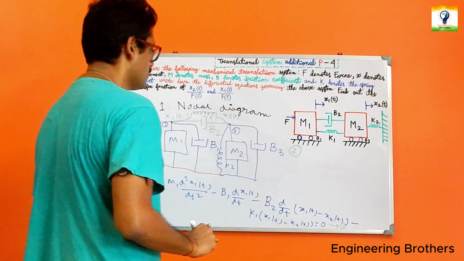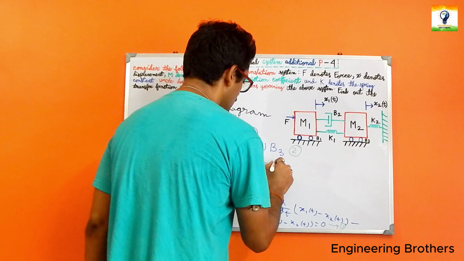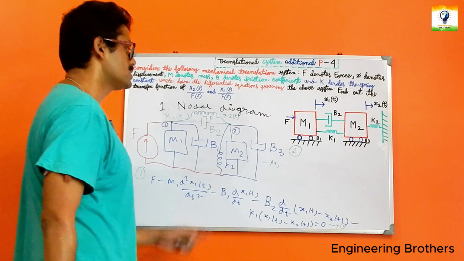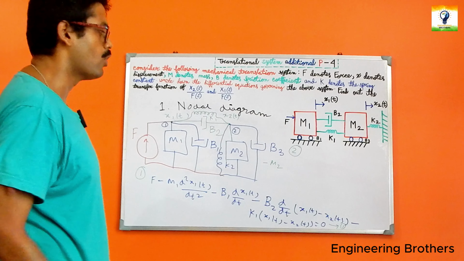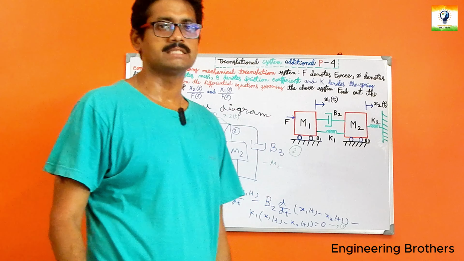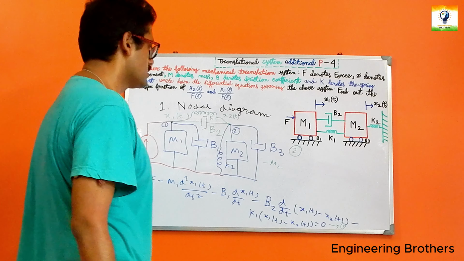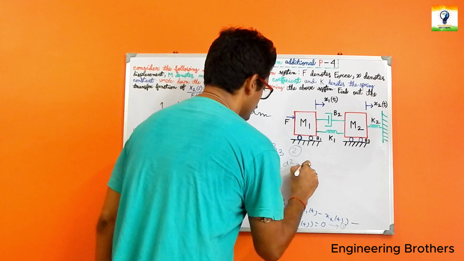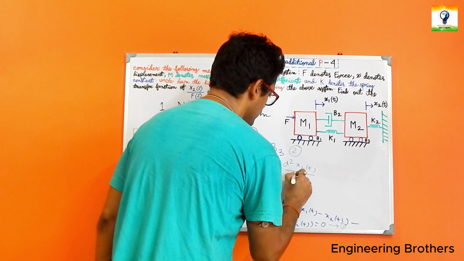First comes our mass block, which is minus M2, because you can see that at node 2 there is not a single applied force. So all those forces are negative in magnitude, which is quite naturally minus M2 d2x2(t)/dt2.